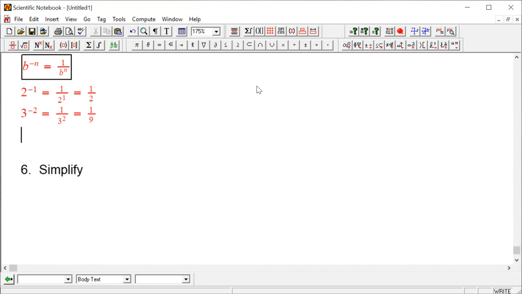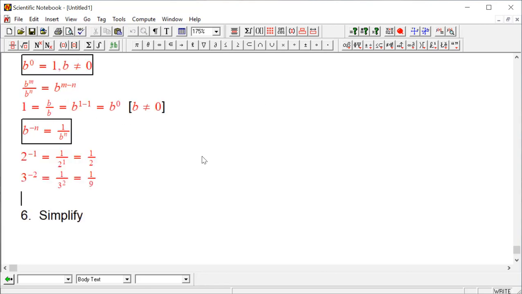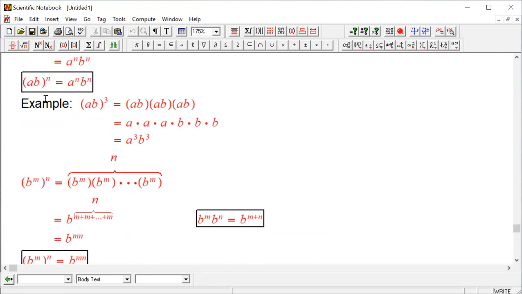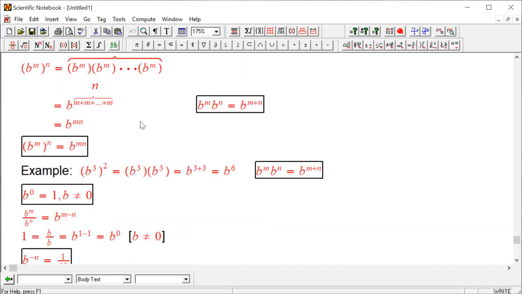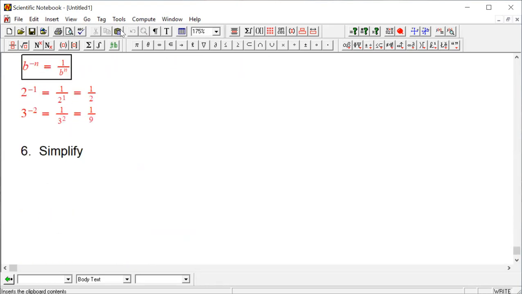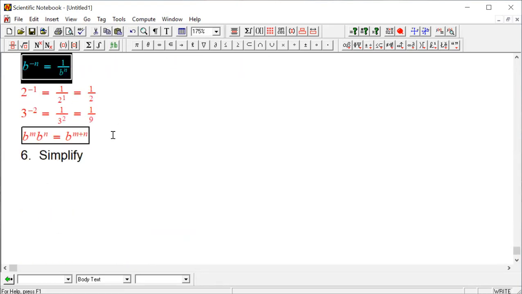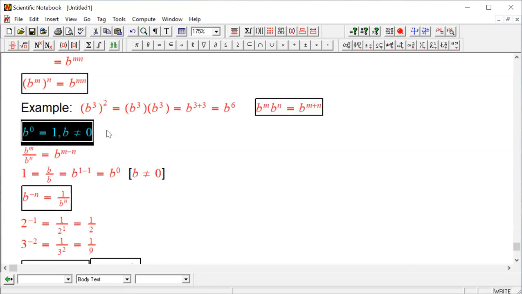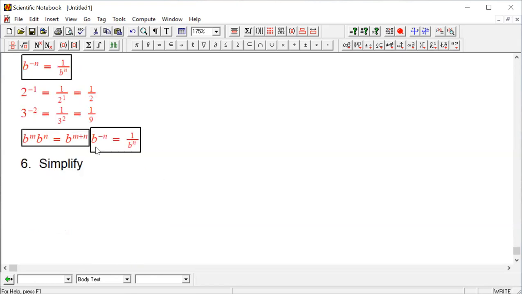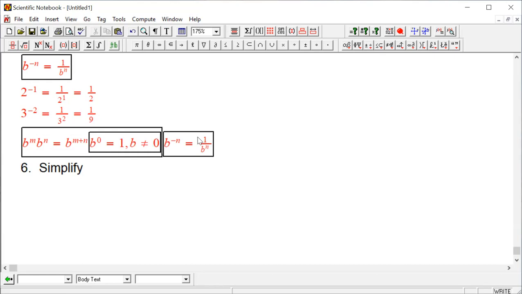So now we can start working on simplifying some expressions in number 6, right? So I'm going to bring all the formulas here that we have derived, right? So this one, and what else? b to the power 0.